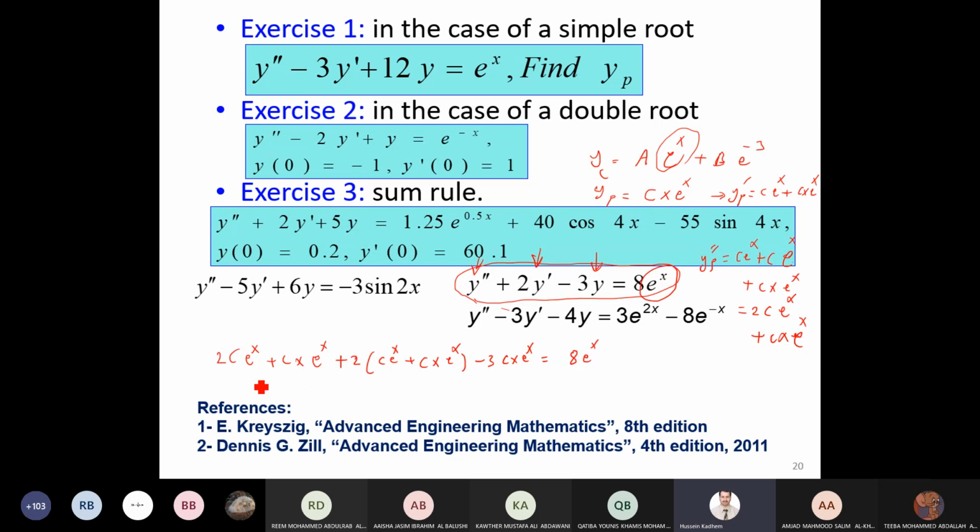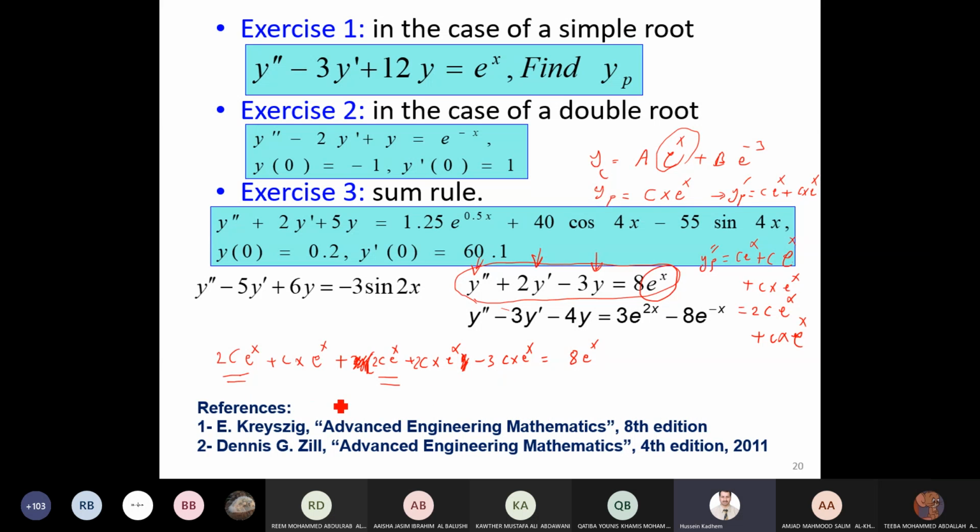Okay, now I will come here. This is 2c exponential x, and 2 multiply here and here. No need for this now anymore. And this is 2c exponential x. Okay, that's it.